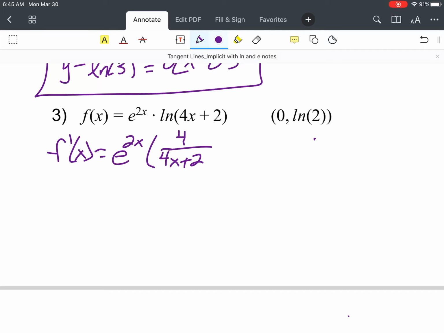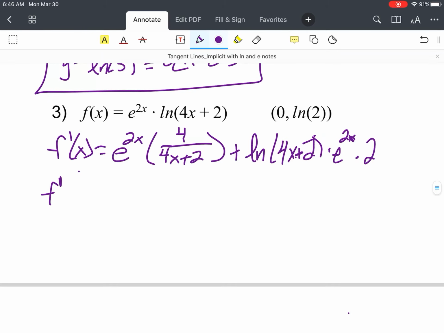So put what you have on bottom, the derivative of what you have on top, plus the second times the derivative of the first, so times e to the 2x. Now I gotta take the derivative of the top, so times 2. Okay. We don't care about cleaning up the derivative at all. All we care about is plugging in that 0 and getting an answer.